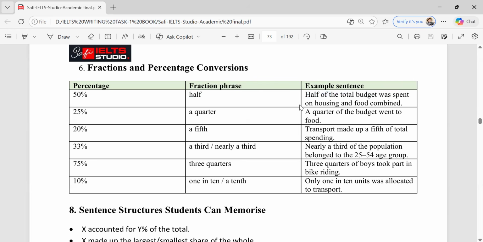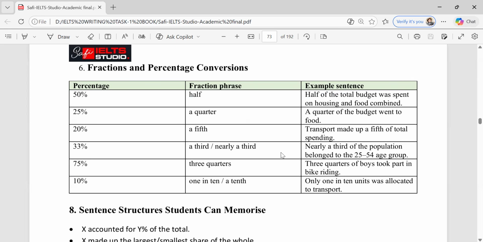Vary your language. Until you vary your language, the examiner is not going to give you a good band. You can score high when you vary your language. So once you have used 50%, the next time, don't use 50%. You can use fraction language: 25% means a quarter, 20% a fifth, 33% a third or nearly a third, 75% three quarters, 10% 1 in 10.